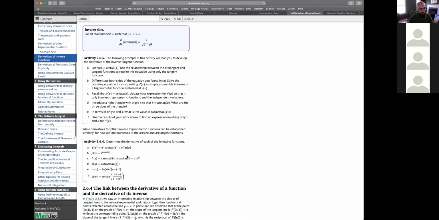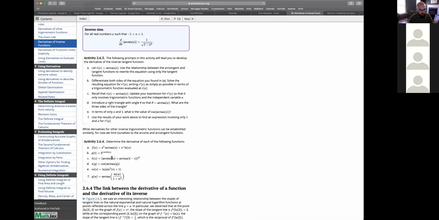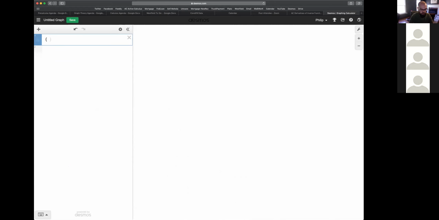Okay, so this is our function: arcsine of 5z plus arctan of 4 minus z, all to the 27th power. Arctan of 4 minus z, and then all of this is raised to the 27th power. We're not going to worry about the error messages it throws us because we're just using it to typeset here.